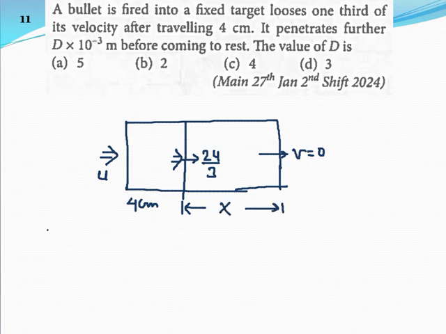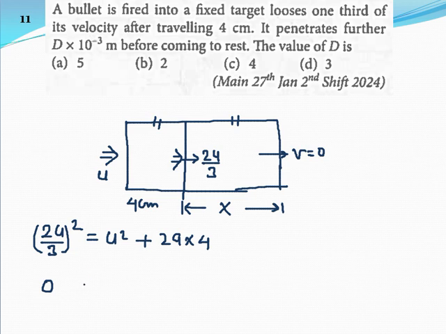Simply using the relation v square equal to u square plus 2as. And finally, in the first journey we have written, and in the second part of this penetration, final velocity becomes 0, initial velocity is 2u by 3 square.